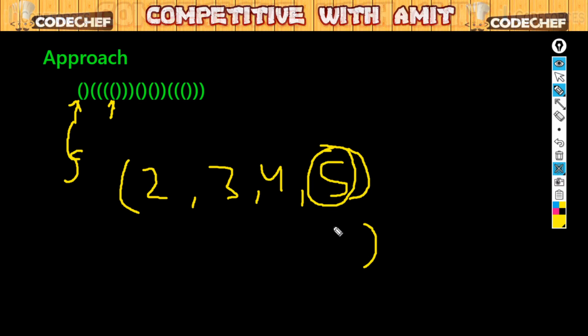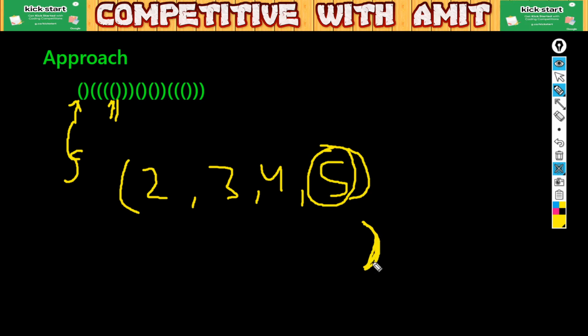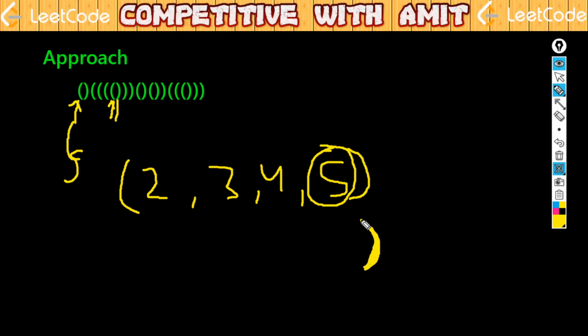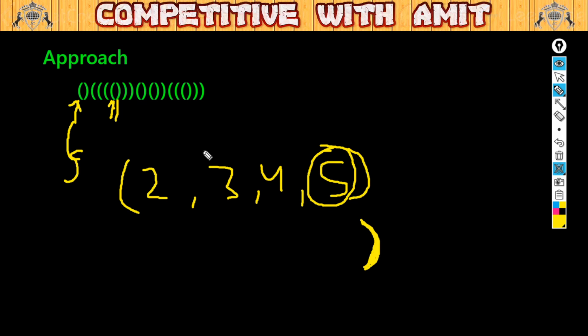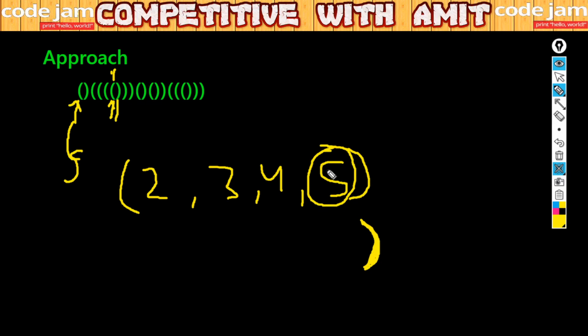So this closing bracket will encounter this 5, so this closing will be satisfied easily. So 5 is there, so 5 plus 1, 6. So this value will be completed when 6 will be there.